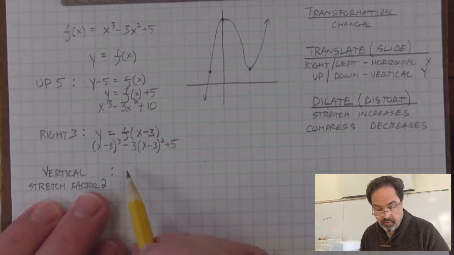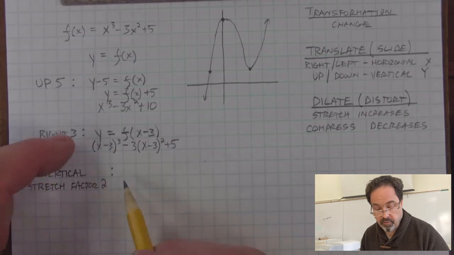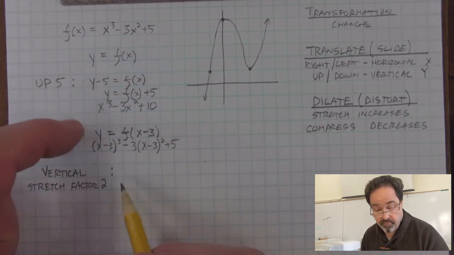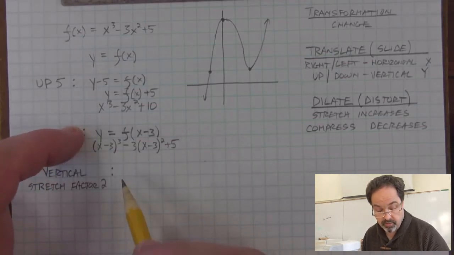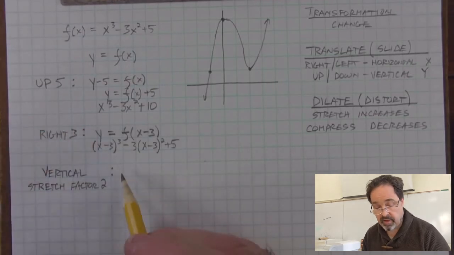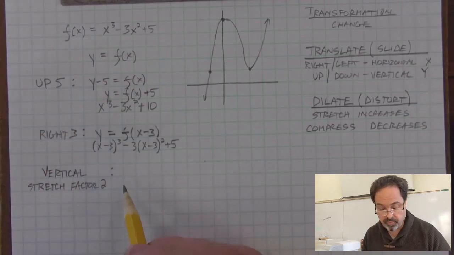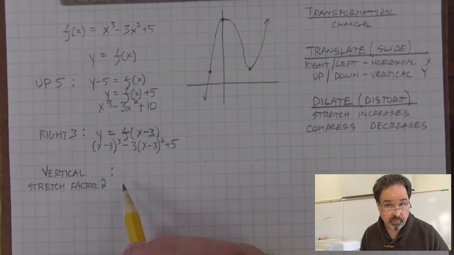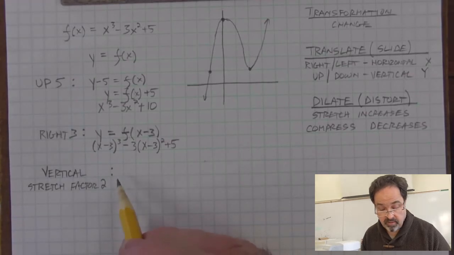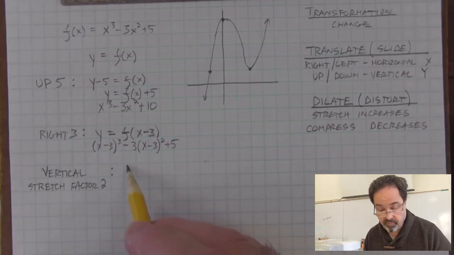How does it affect the equation? It's a vertical effect, so it's going to affect the vertical variable y. And it's counterintuitive. When we think of stretching, we think of multiplying. But to get vertical distance to stretch by a factor of 2, we divide the y variable by 2.